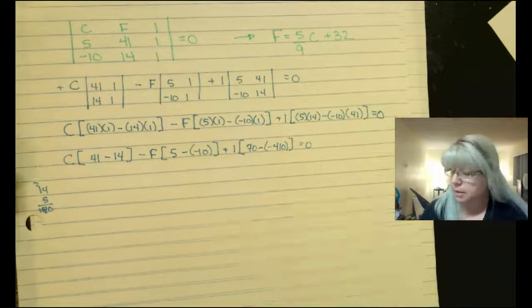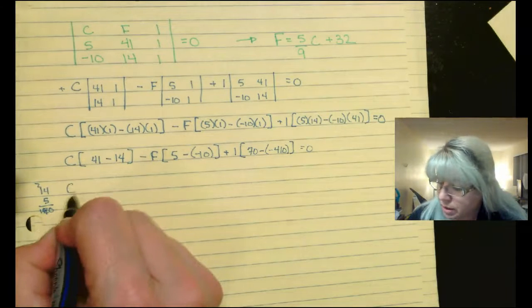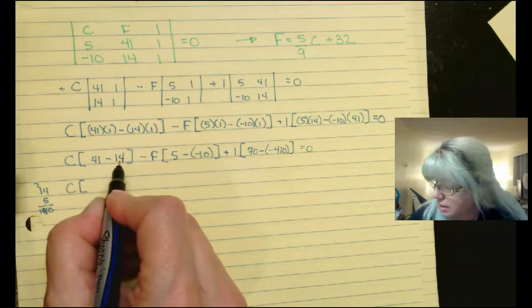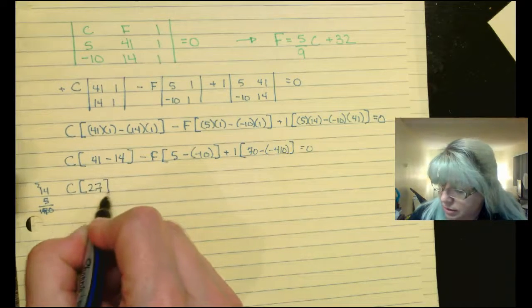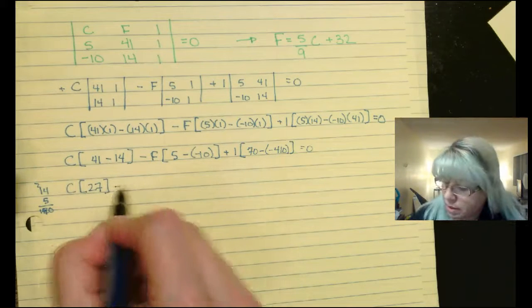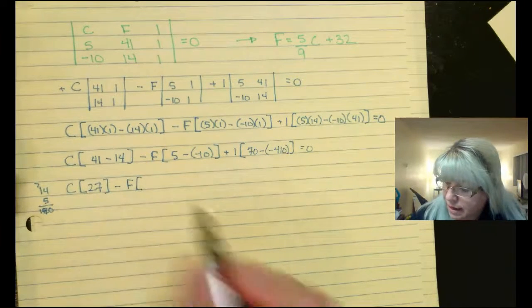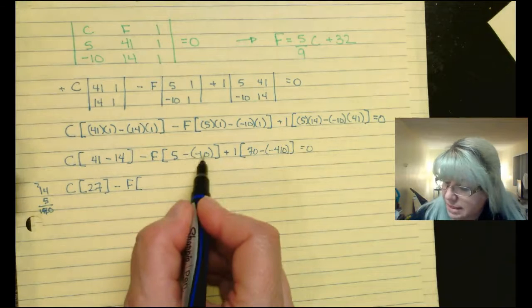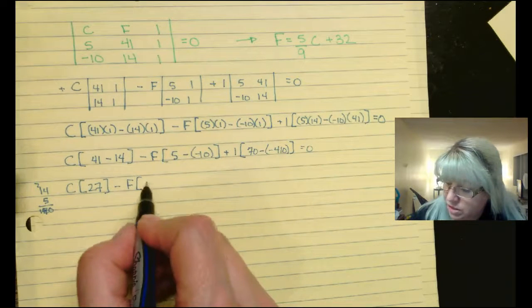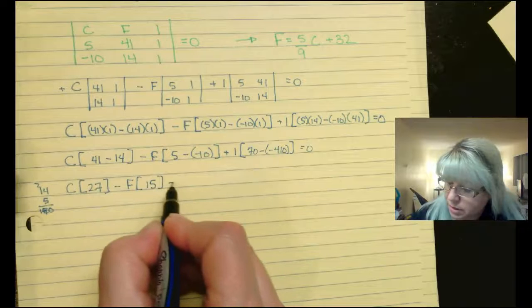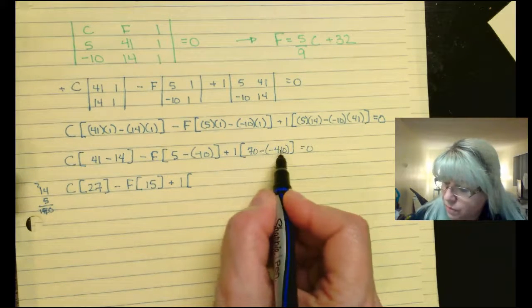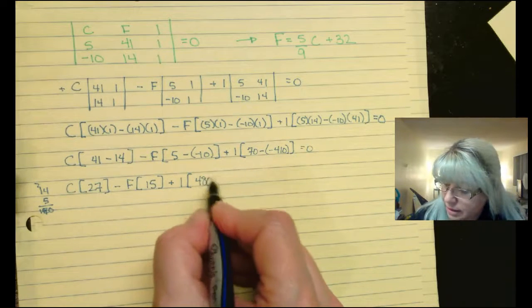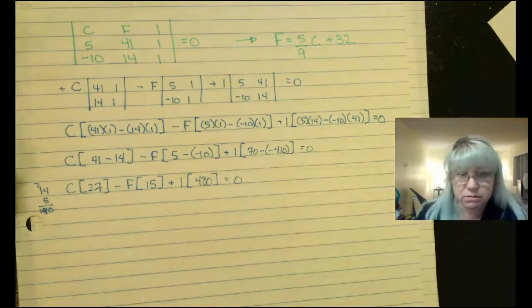Now, let's clean it up a little bit more. 41 minus 14 is going to be 27. Minus F times 5 minus a negative 10 is really 5 plus 10, which is 15, plus 1 times 70 minus a negative 410 is really 70 plus 410, which is 480, equals 0.